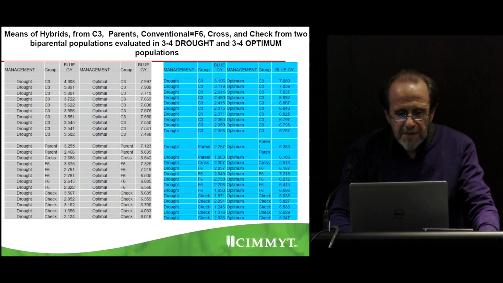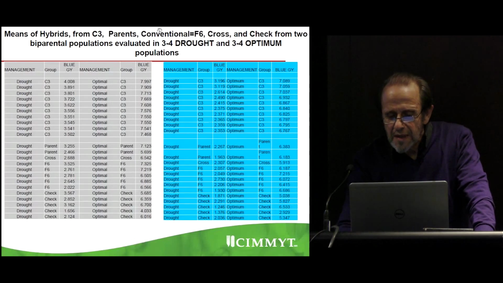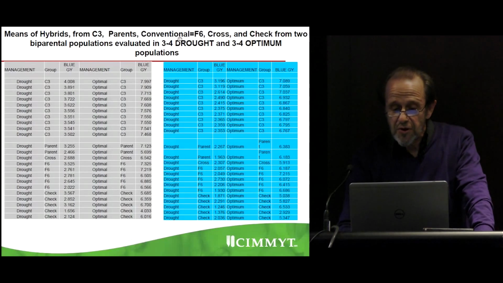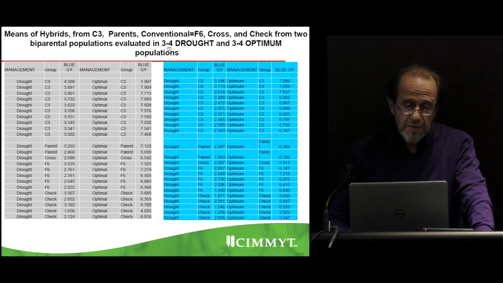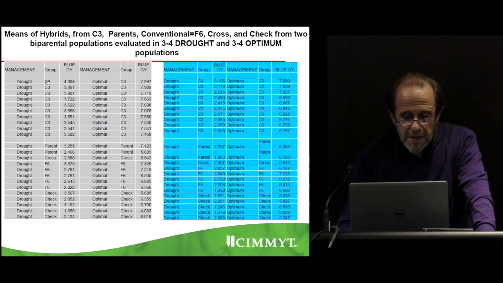These are the means of hybrids from C3, from the parents, conventional, and cross checks in 2 biparental populations evaluated in 3-4 drought and 3-4 optimal sites. This is standard multi-environment trial analysis. These are the top 10 lines, I guess: 1, 2, 3, 4, 5, 6, 7, 8, 9, 10.